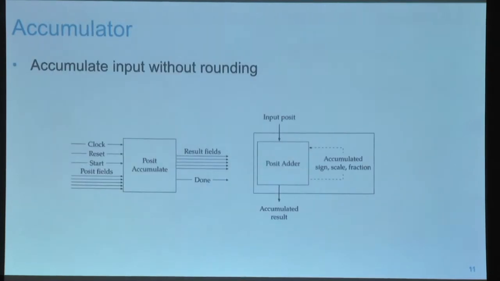Finally, we have the accumulator, and without rounding, we keep accumulating some input, and we feed back the unrounded fraction. Finally, we can get the accumulated result out of there.